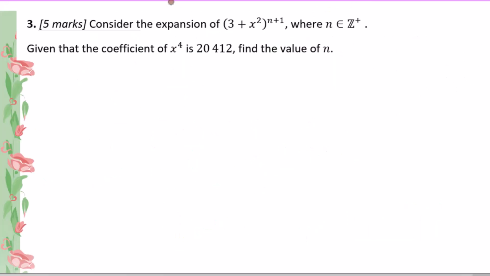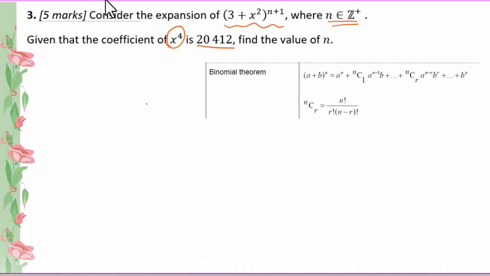Question 3. Consider the expansion of this, where n is a positive integer. Given that the coefficient of x to the fourth power is this, find the value of n. Since n is a positive integer, we will use the given formula. We will use this formula to work this out.